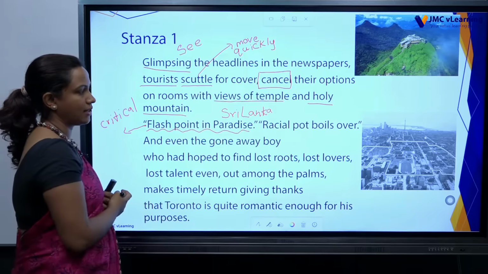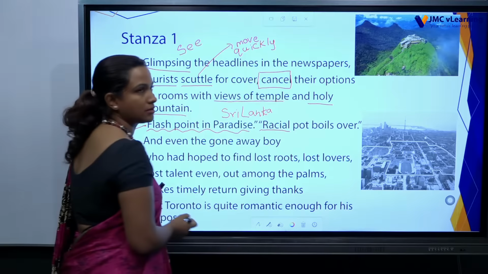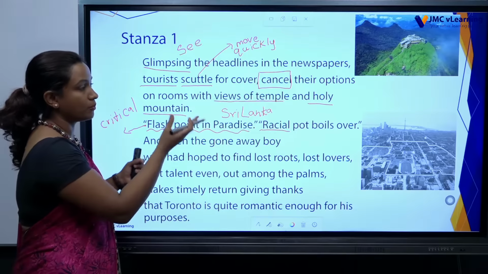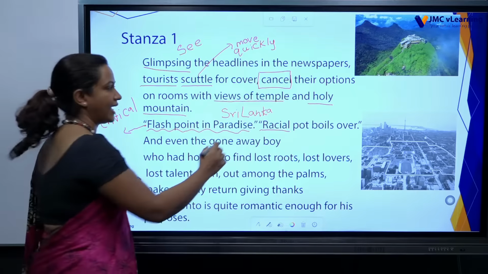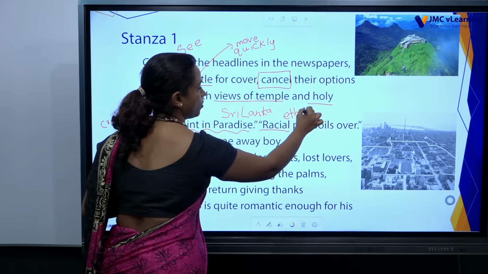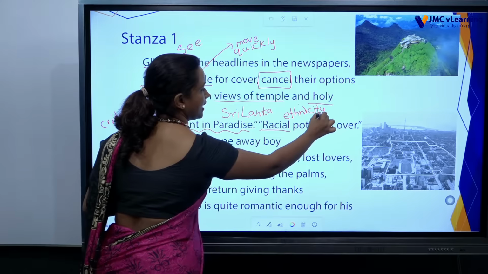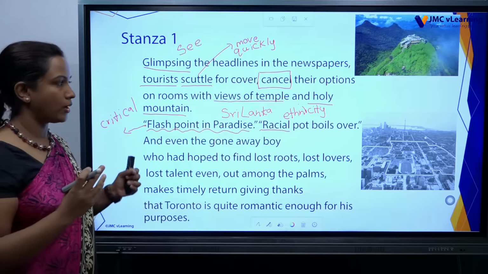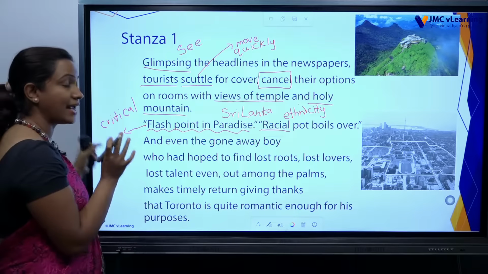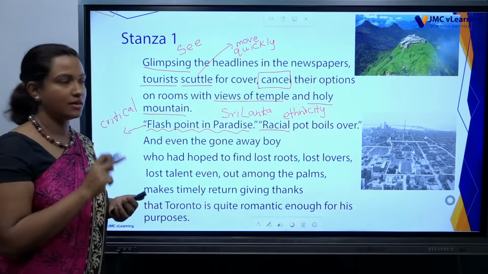Critical point in Sri Lanka. Racial pot. Pot is just the pot, boils over. Racial, ethnic groups or ethnicity. Ethnicity boils over. These are the headlines which were in the newspaper headlines.